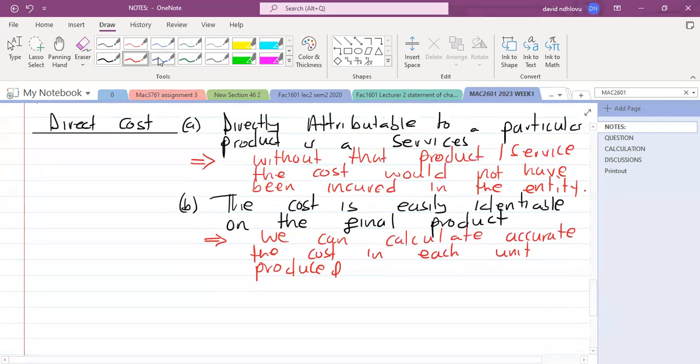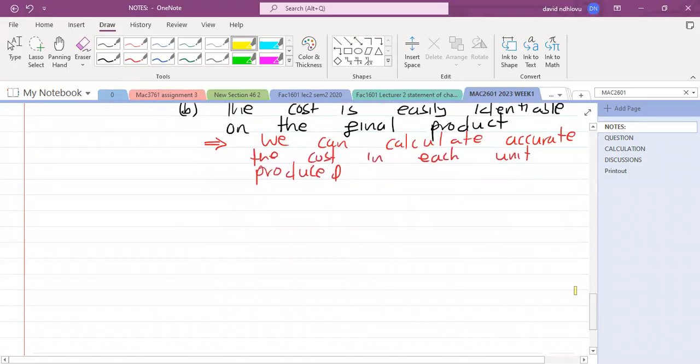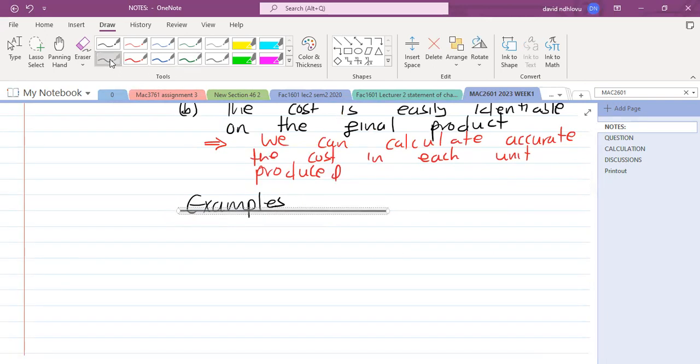Let's explain this in detail. We are saying the cost is directly attributable to a particular product. Let's give examples so that it makes sense. Number one is what is called direct material.